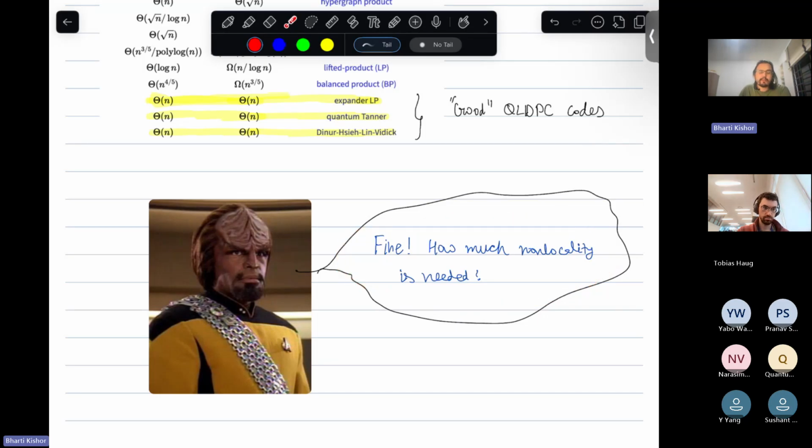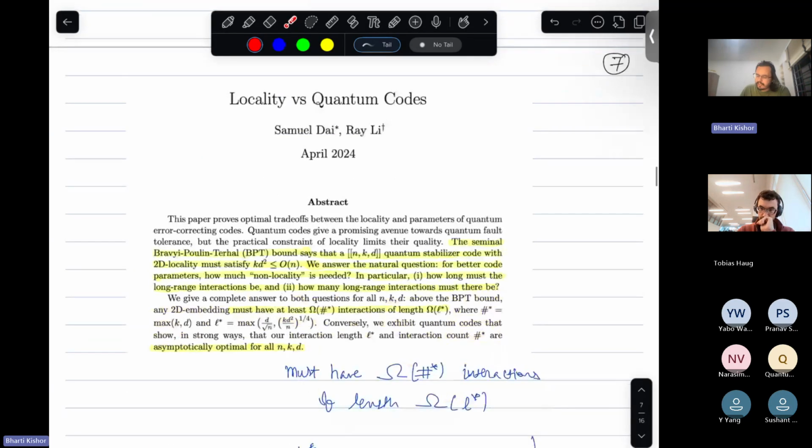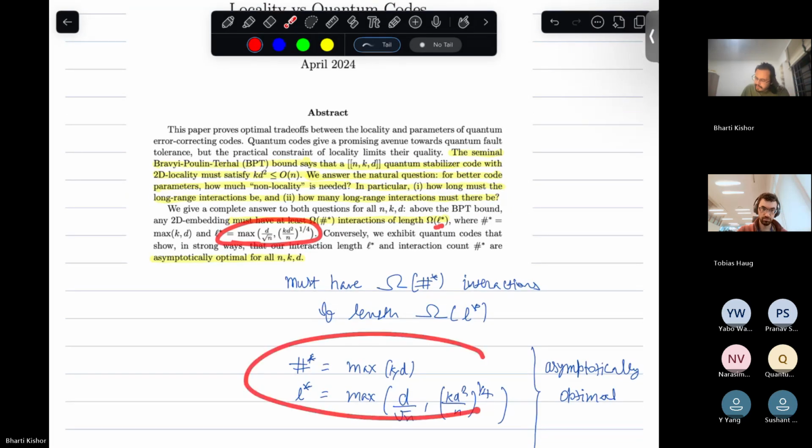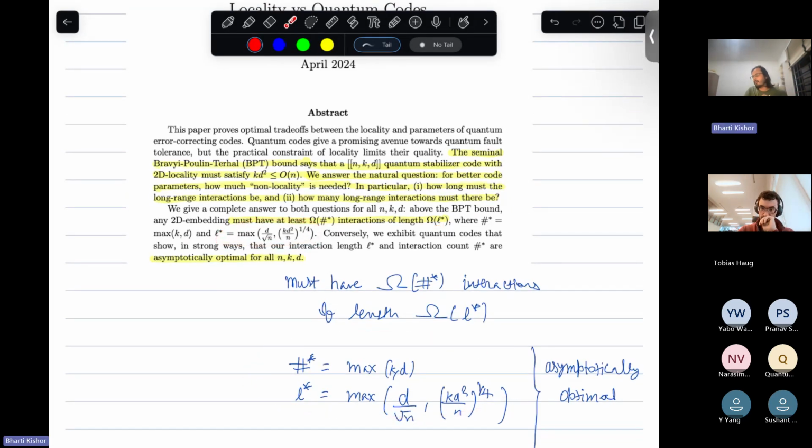And for a long time, that was also an open question until Dai and Lee showed that if you want to go above the BPT bound, any 2D embedding must have at least this many non-local interactions of length this much to achieve a particular n, k, d value, where h star is the max of kd, and l star is this number here. And what they showed is also asymptotically optimal.